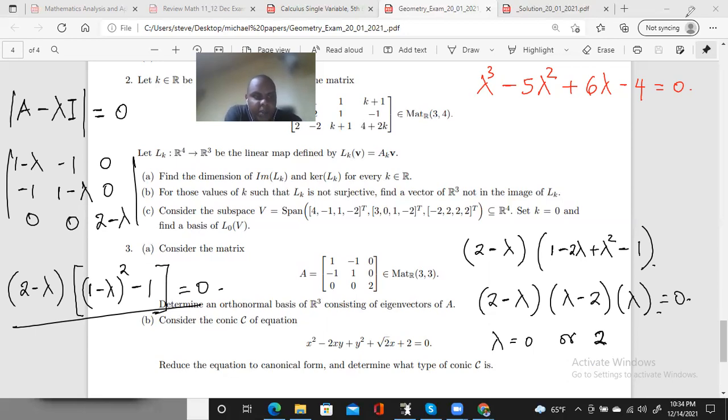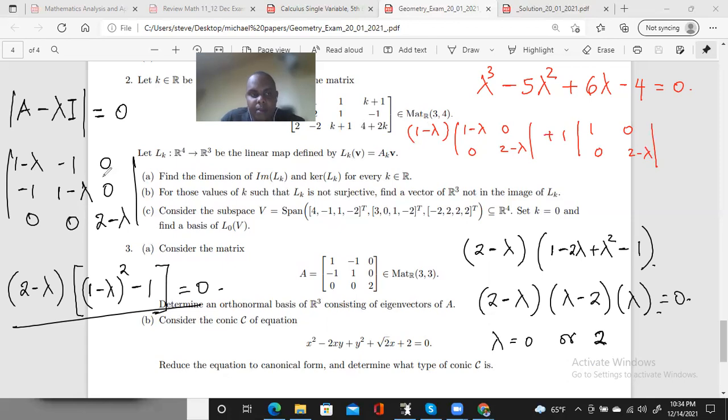So I know what you did. You just computed the determinant. You did 1 minus lambda times the determinant of 1 minus lambda, 0, 0, 2 minus lambda. And then you did plus 1, and then the determinant of 1, 0, 0, 2 minus lambda, right?